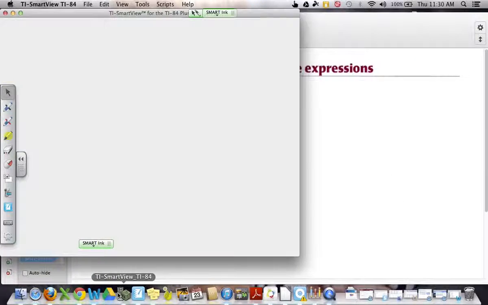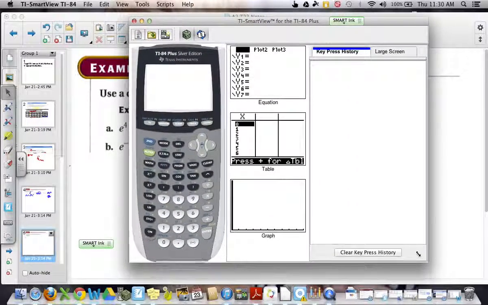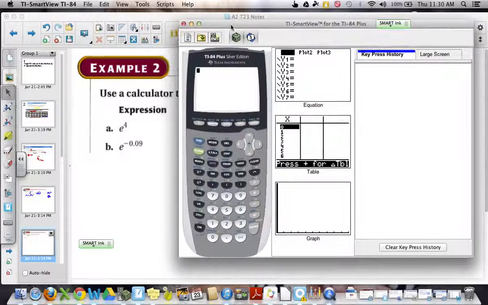So if we take my calculator and calculate these values, where is e? Well, there are going to be 2 different buttons that have e on them. The first one that you're going to find is this button right here, the one that says ln on it.